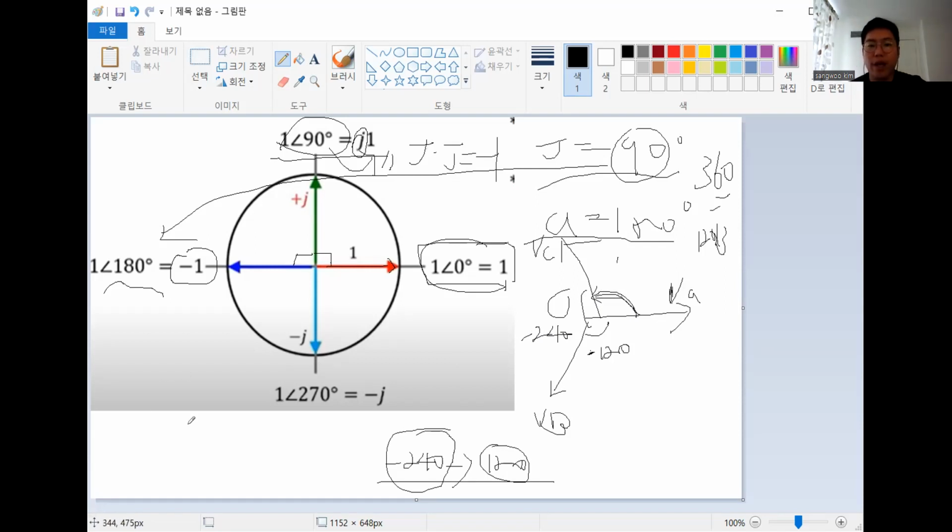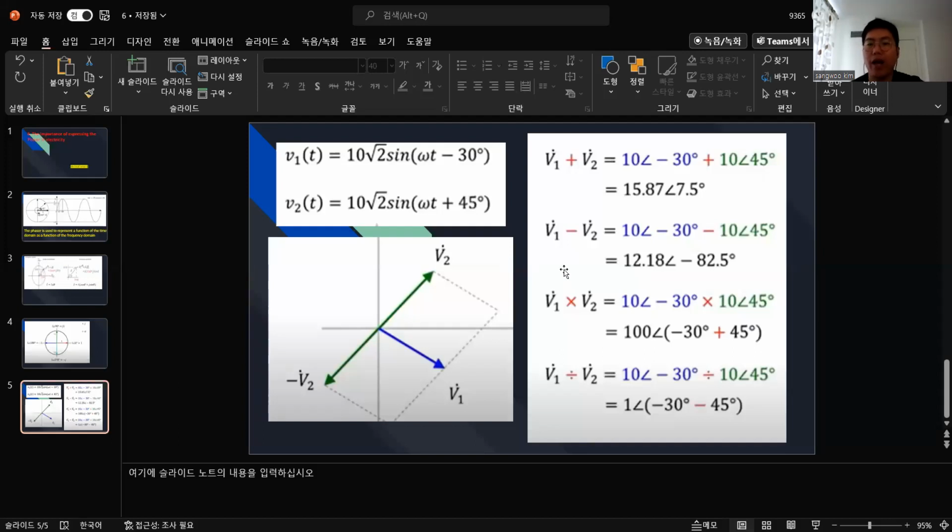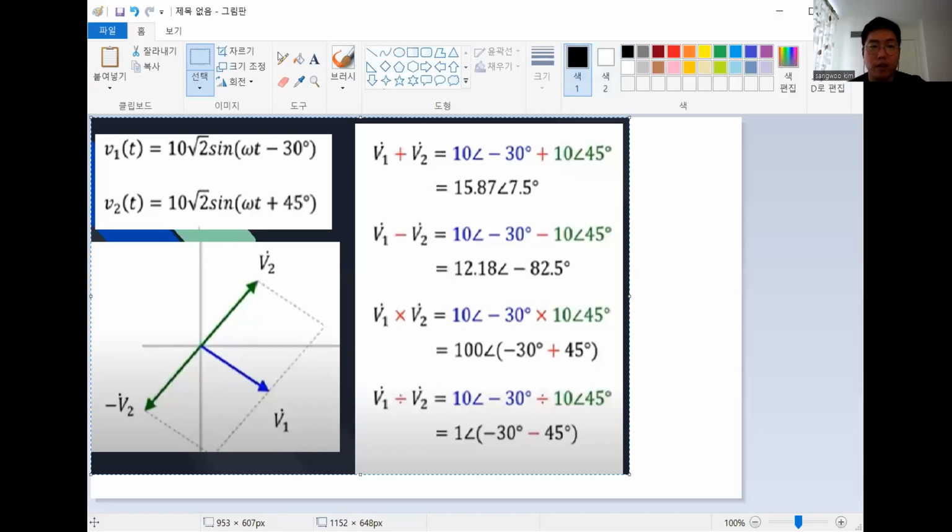Yeah, and let's move on. So the last part: why we need to learn about the phasor. Look at that, I'll explain. For example, guys, here is V1 and V2, right? So here's the value. I will just use it so you guys understand easily. This is a magnitude and this is the angle.